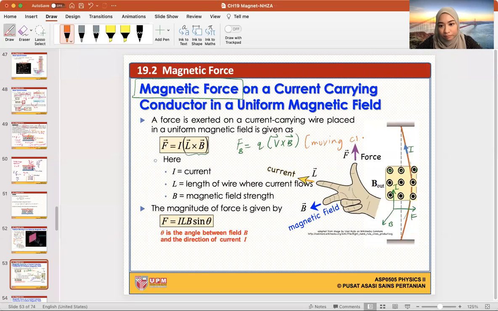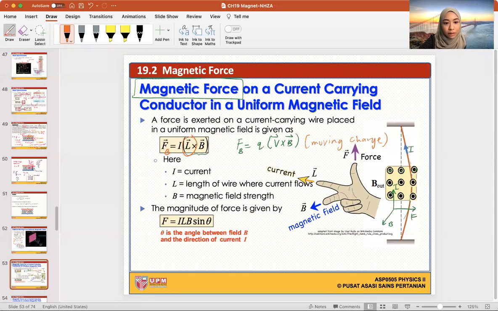Moving charge. And this equation is for conductor. So you have the L there, it's a length of conductor. So it has to be a wire or a rod or something that has length. So that's the difference between the two, but both are magnetic force.